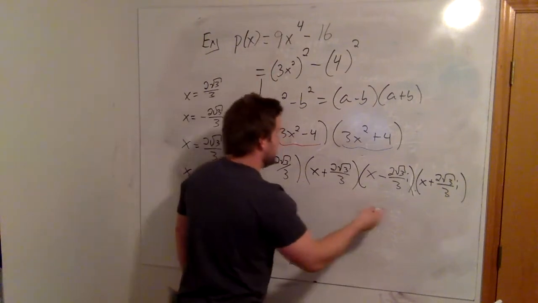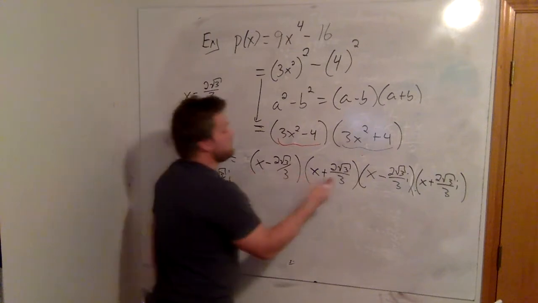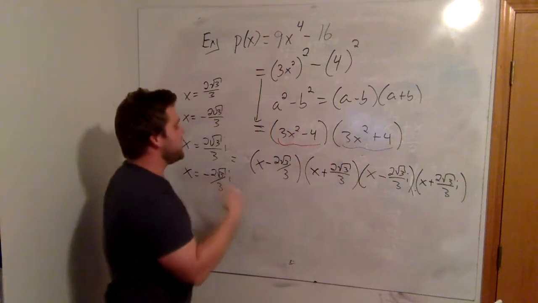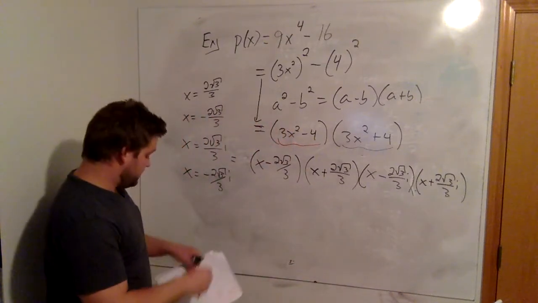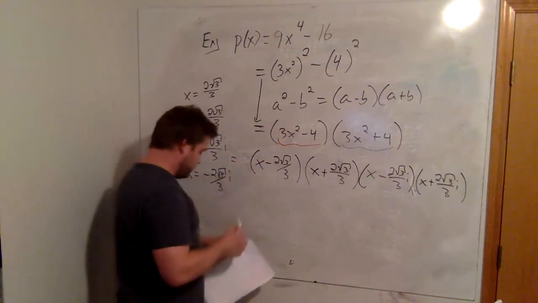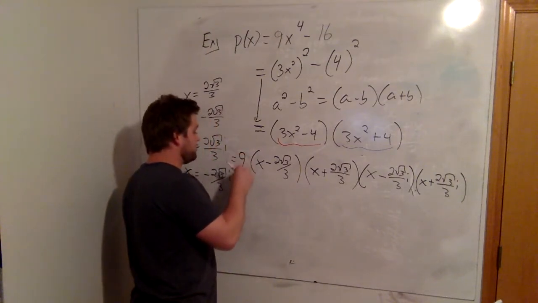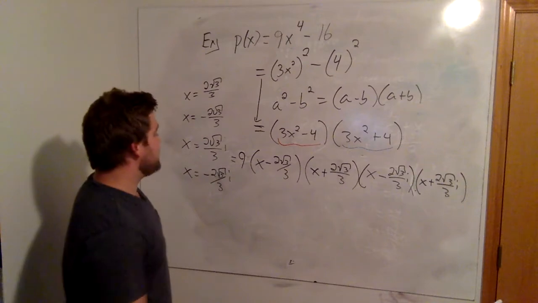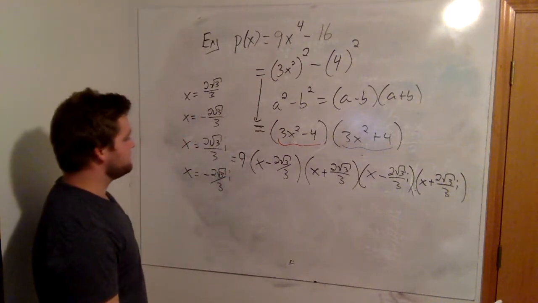Right now it has a leading coefficient of 1, and I want it to have a leading coefficient of 9. I can scale this polynomial by whatever I want. And so I'm going to scale this polynomial by 9. So now it has a leading coefficient of 9 times x to the 4th.